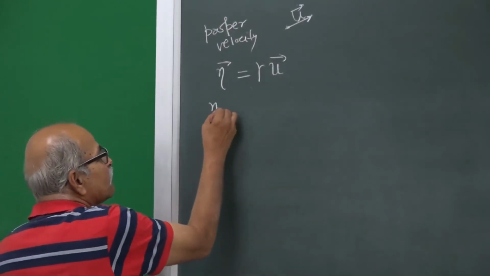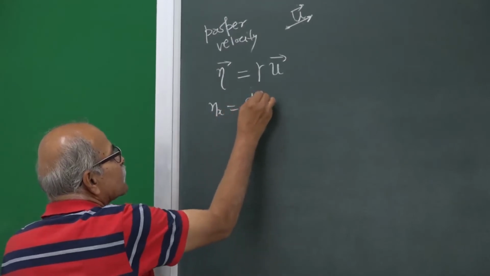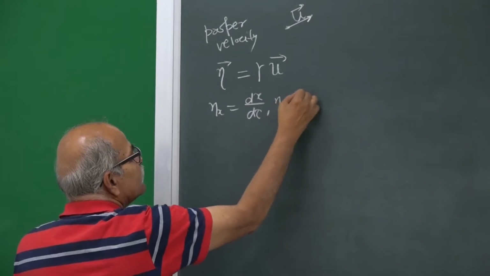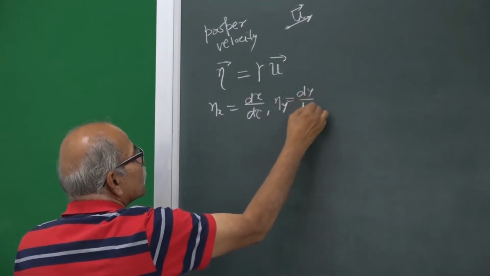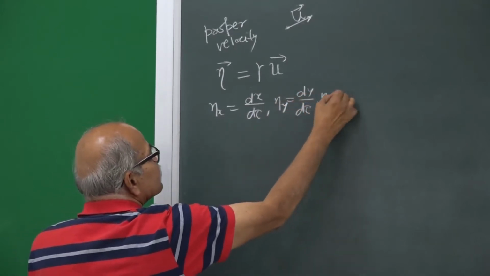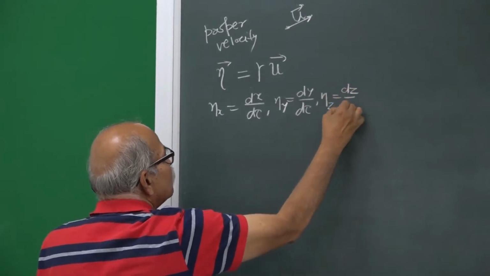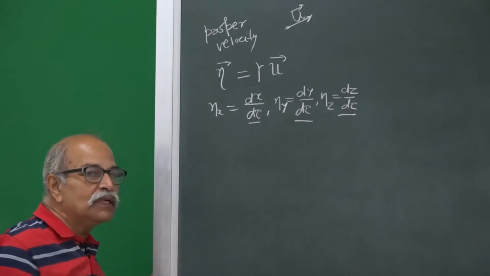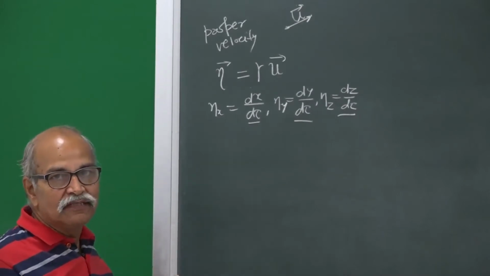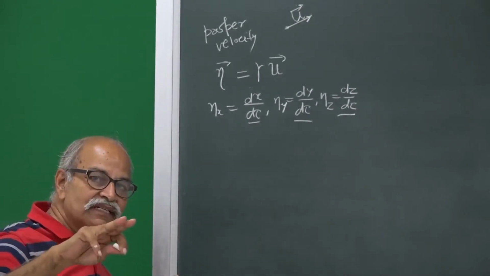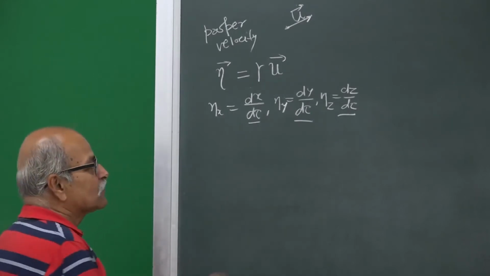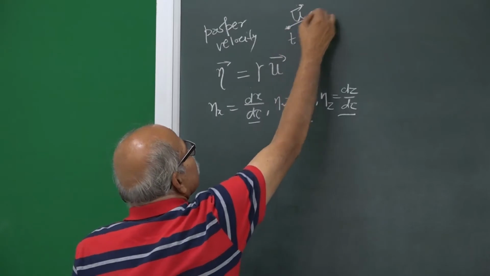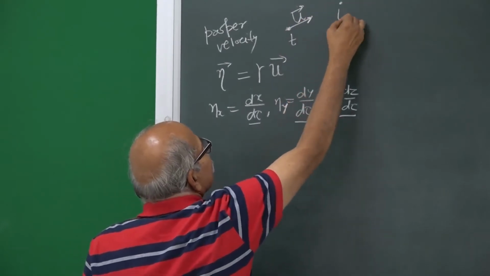And you remember we defined eta x as dx d tau, eta y as dy d tau, and eta z as dz d tau. And what was this d tau? This d tau was the proper time interval between two events, where the particle is here at time t and then goes somewhere else at time t plus dt.